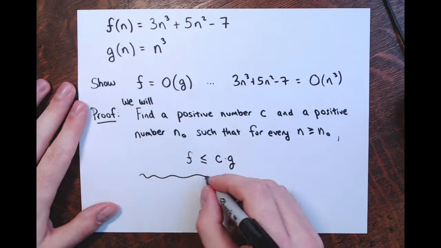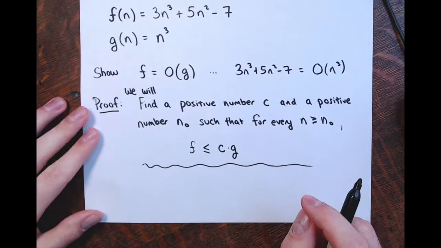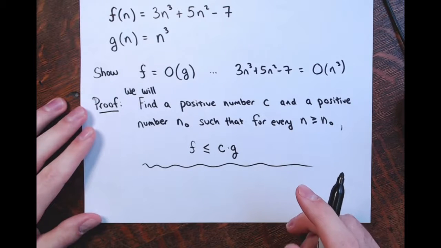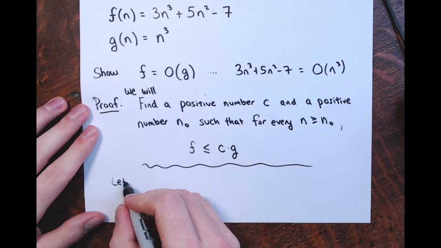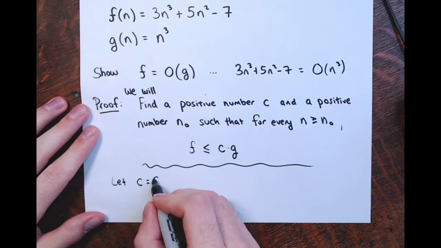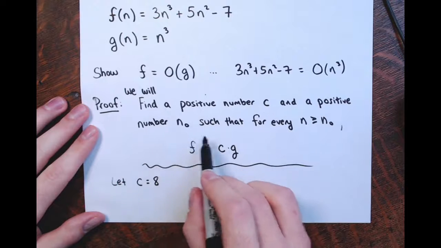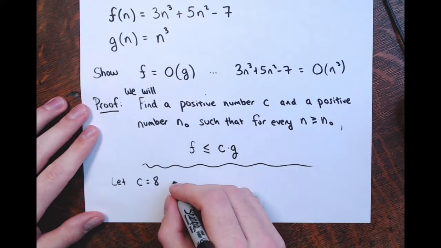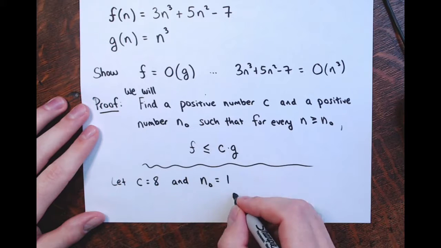Well, like I said, I think my choices are pretty clear from my graphs earlier. I'm going to pick 8, so I'm going to let c equal 8, and we'll see that n0 equal to 1 will suffice.